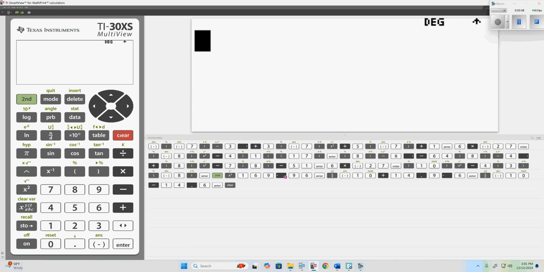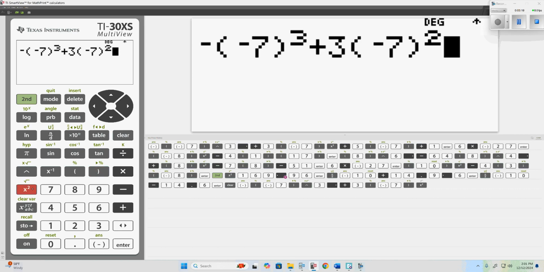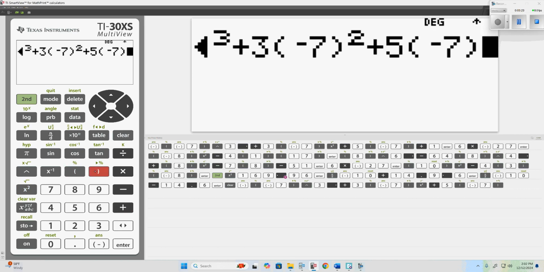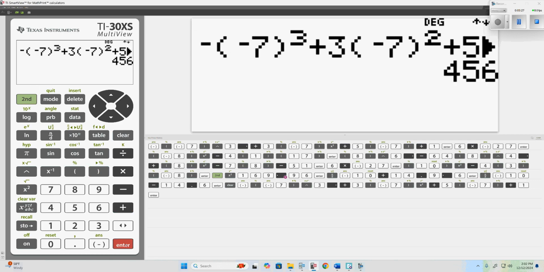Negative 7 cubed plus 3 times negative 7 squared plus 5 times negative 7 plus 1. We can type the whole thing into the calculator, replacing x with negative 7, and we get 456.